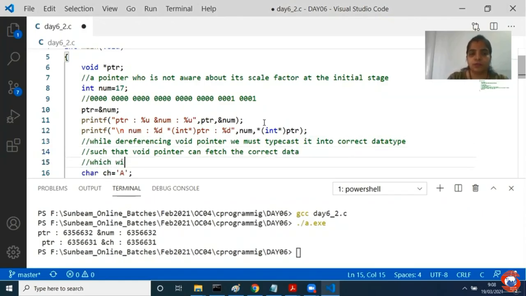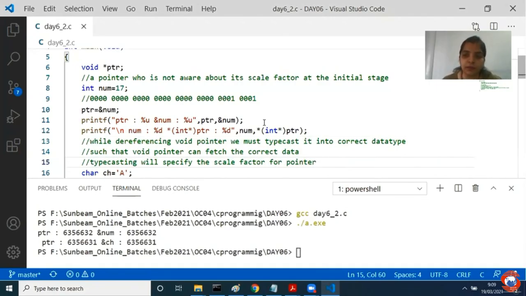Typecasting will specify the scale factor for pointer. अगर आप उसका scale factor नहीं बताते हो तो this will give you a compile time error.